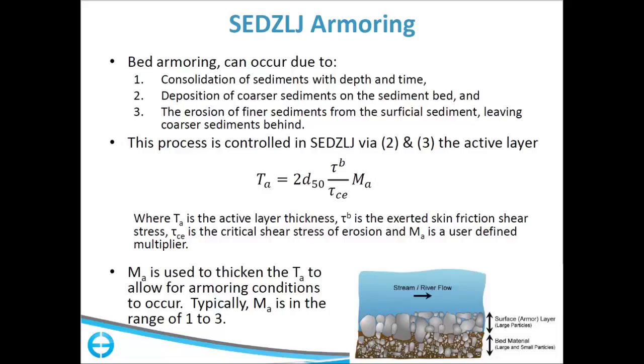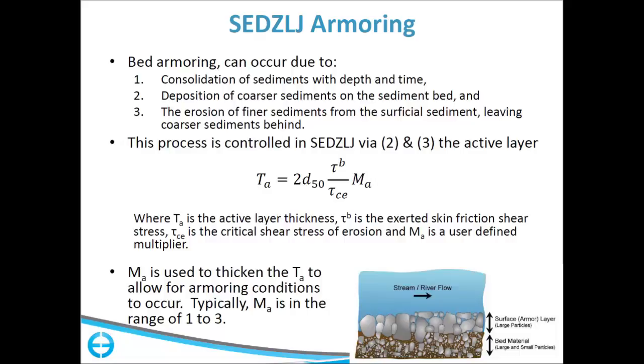But you can thicken the active layer to capture more of the sediment below and affect more of an armoring impact on the sediment transport processes. A number typically 2 or 3 is a typical value to use for an active layer multiplier, or 1.